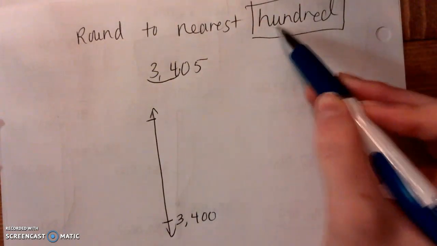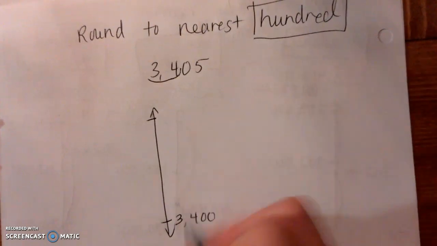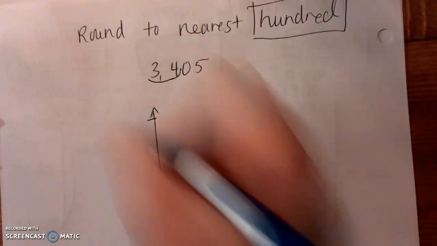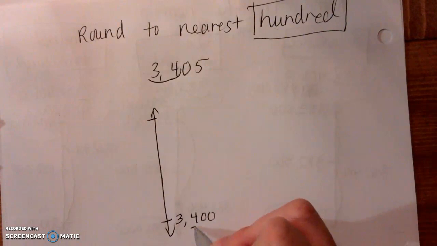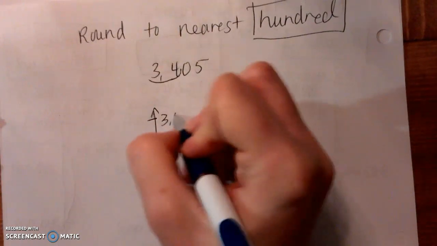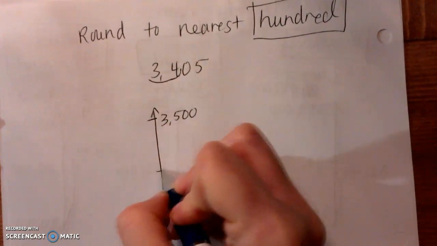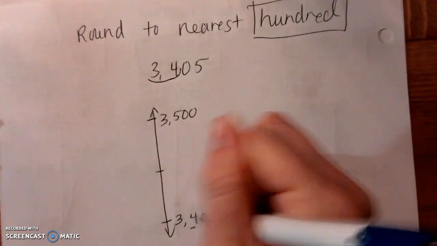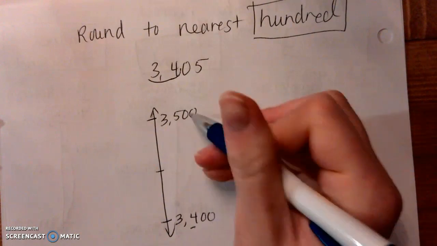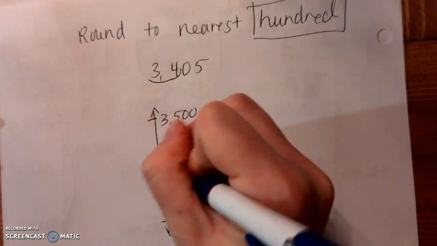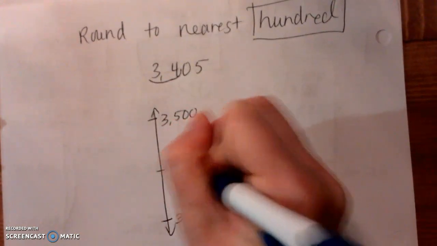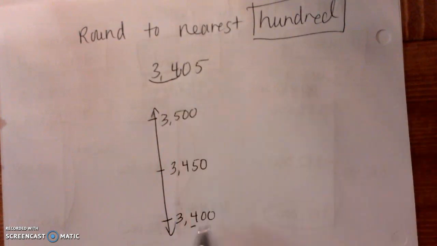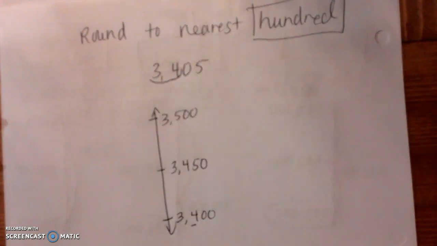Here, since I'm rounding to the nearest 100, I ask myself, what is 100 more? And I know that this 4 would change to a 5, so 3,500 is my next benchmark number. Now I ask myself, what is exactly halfway between 3,400 and 3,500? And I know that's 3,450, halfway between 400 and 500 there.